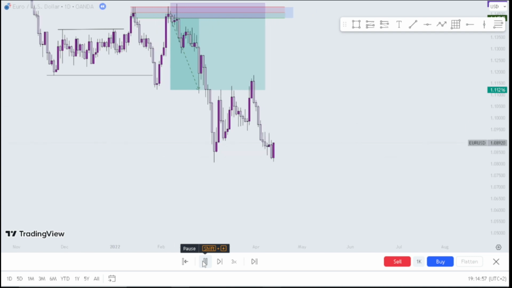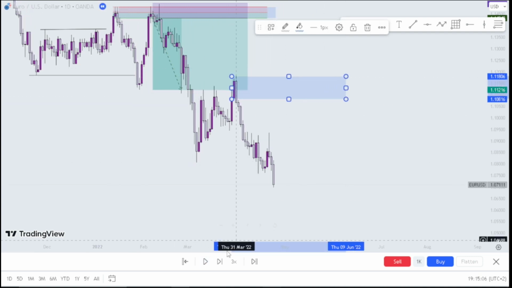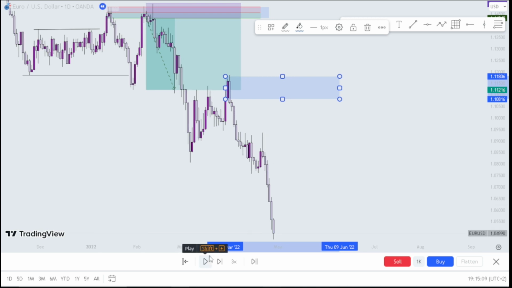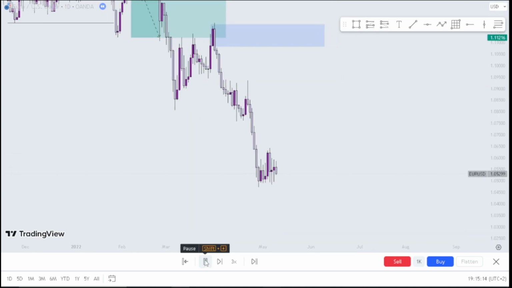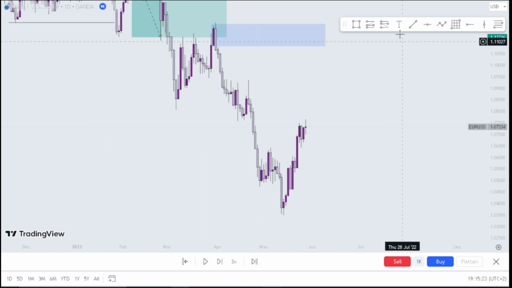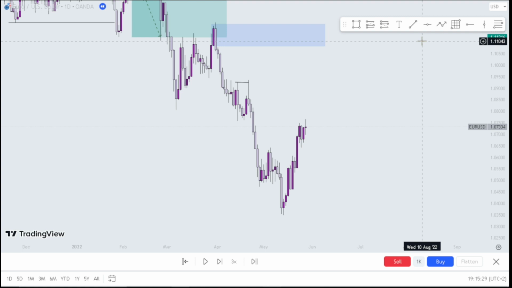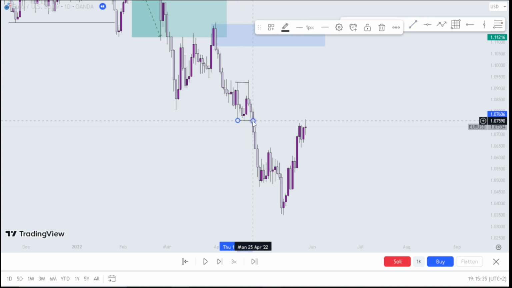Okay, we have another order block here. Okay, the market went down instead. Okay, seems like the market is coming back up here. So if you look here, you'll notice that we took out liquidity here as well. Then we went down and took out this liquidity. And we have our displacement here.